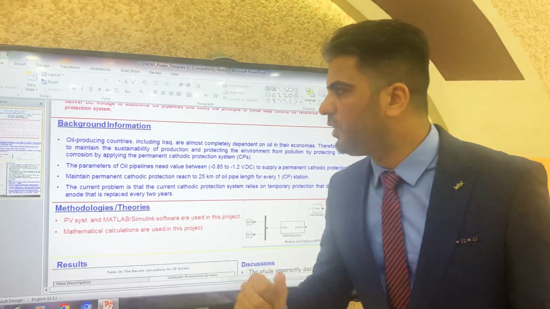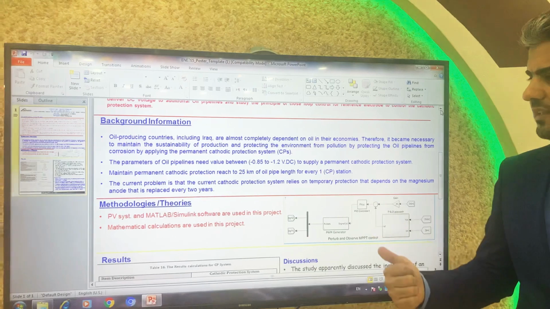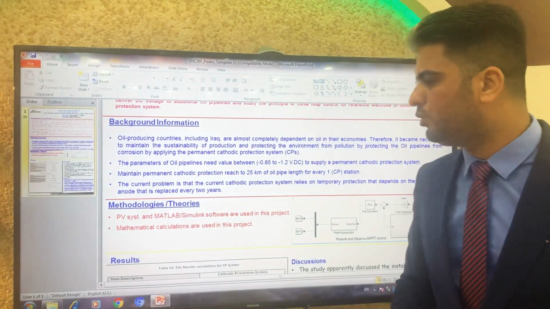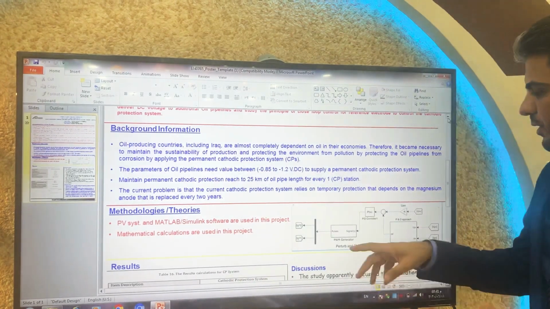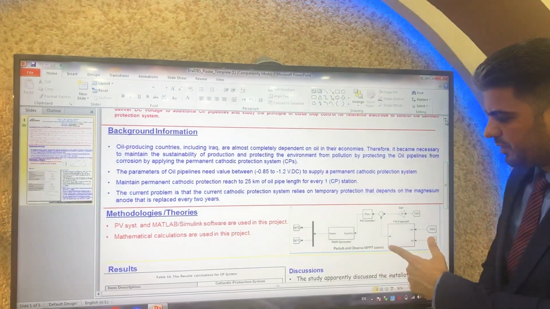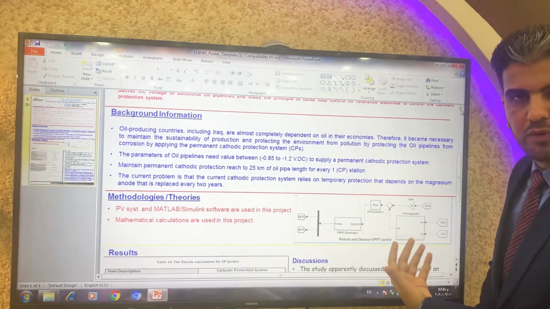For the methodology and theories in this project, I depend on PVsyst and MATLAB Simulink software. MATLAB is used to simulate everything, perturb and observe, and MPPT control, to study the maximum power point.